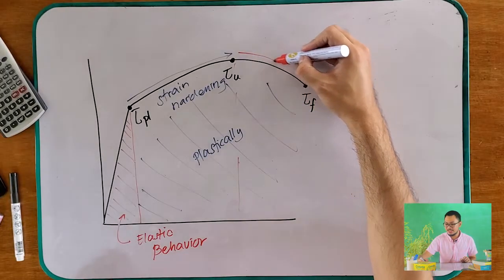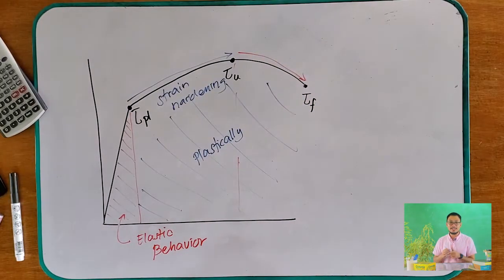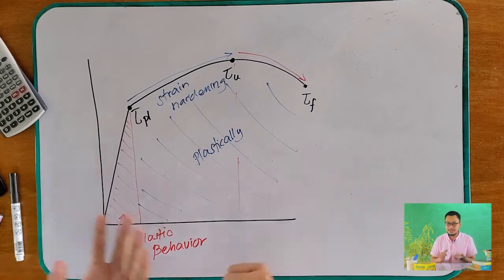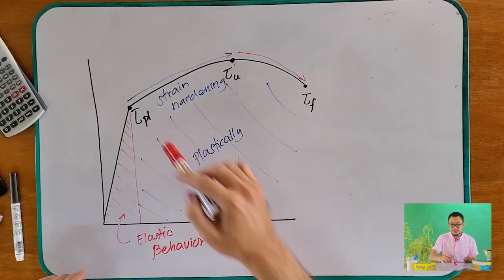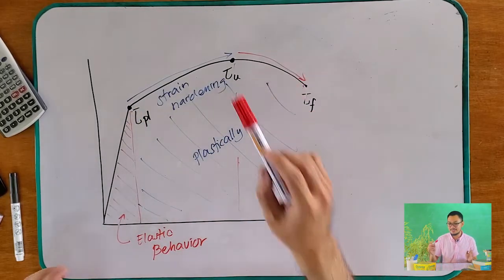And I guess when it reaches from here up to here, maybe that is what is called necking, but I'm still not sure. Because when a material is subjected to torsion, a portion of it becomes thinner. So probably that part is also necking until it fractures. Okay? But this region here is where your material now behaves plastically.